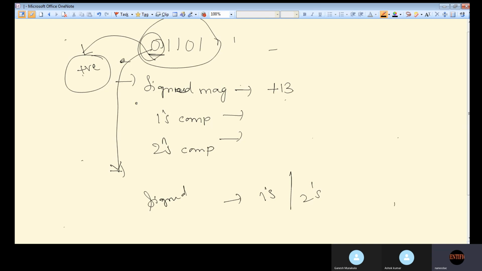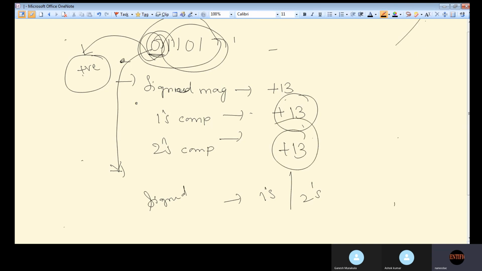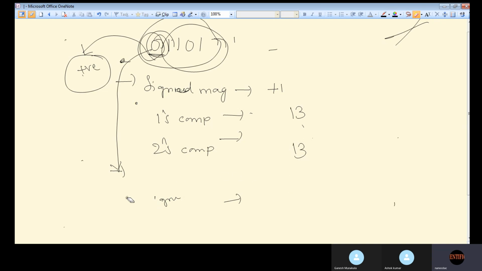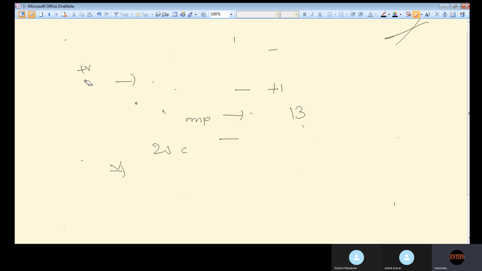So if it is an unsigned or positive number, even in 1's complement form and 2's complement form you have to take 13. This 1's and 2's complement is applicable only for signed numbers. If the last bit is 0, for an unsigned or positive value, there is no need to apply 1's and 2's complement.